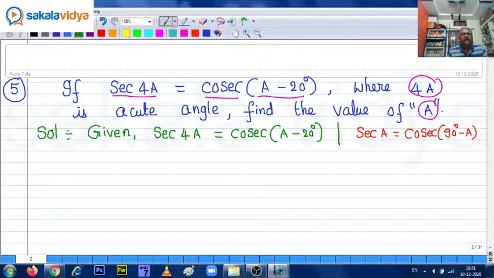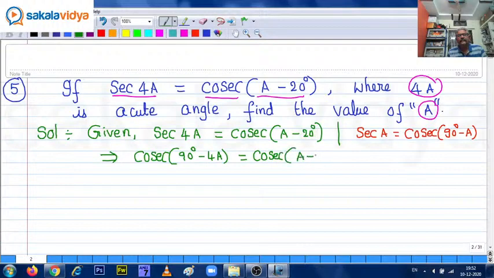So now this can be written as cosecant of 90 degrees minus 4a equal to cosecant of a minus 20 degrees.